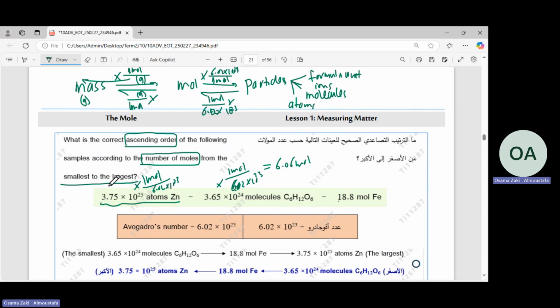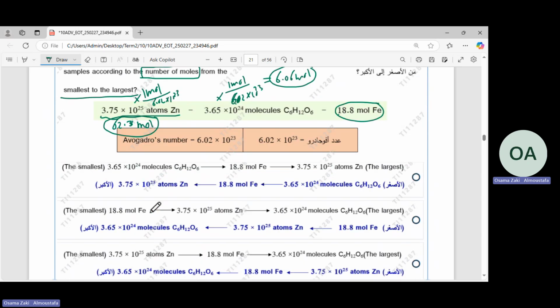So the answer is 62.3, let's round it up. So here we have 18.8 mole, here we have 6.06 mole, and here we have 62.3 mole.